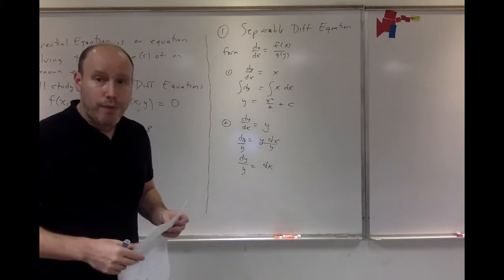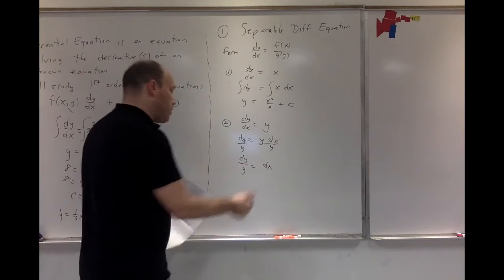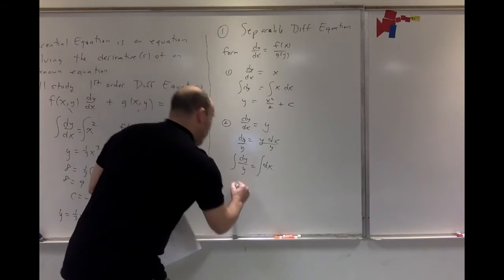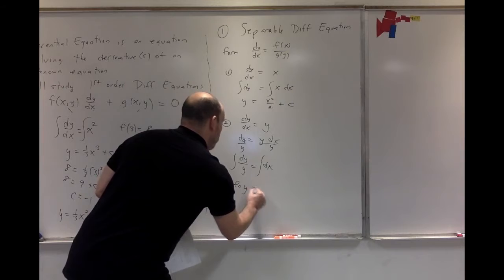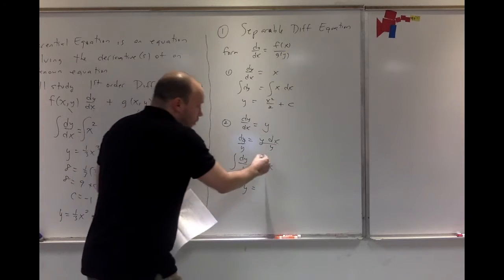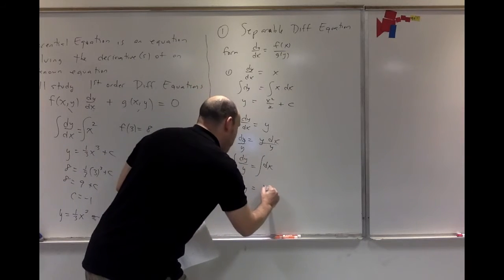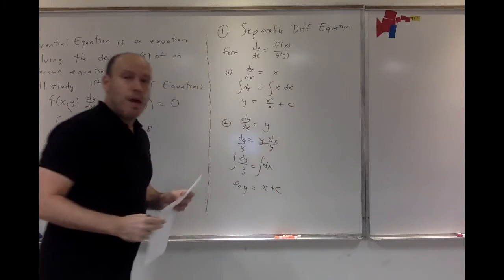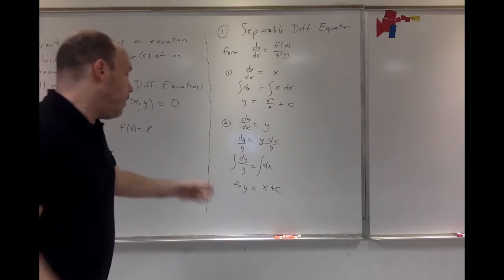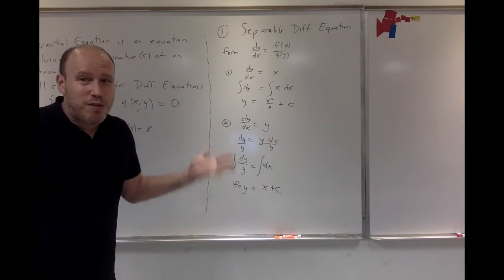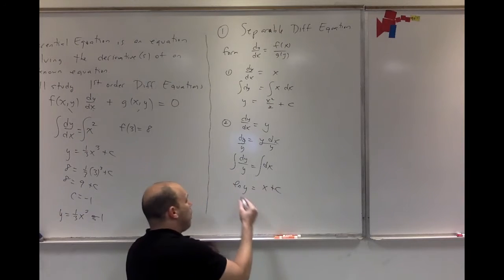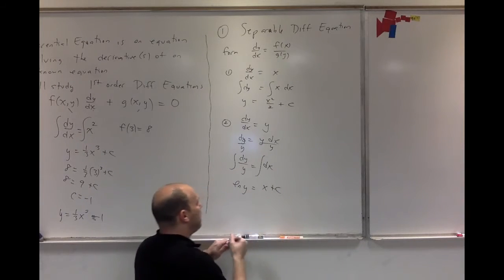How do I undo a derivative? Take the integral of both sides. Well, what's the integral of 1 over y? ln of y. What's the integral of dx? Well, there's a secret 1 there, so this is x plus c. Okay. Well, we know from our years of studying, I want y alone. So what I'm going to do is raise both sides as an exponent of e.